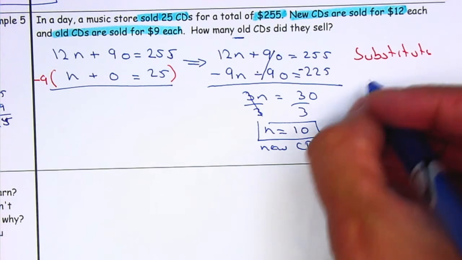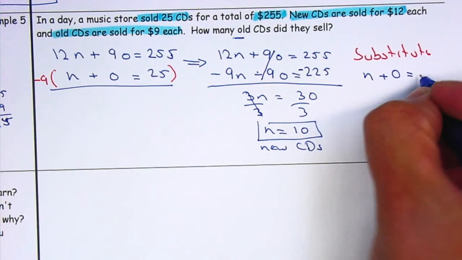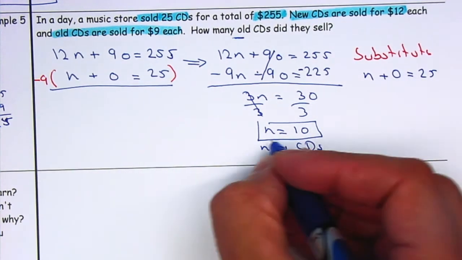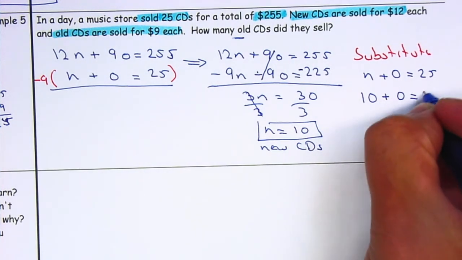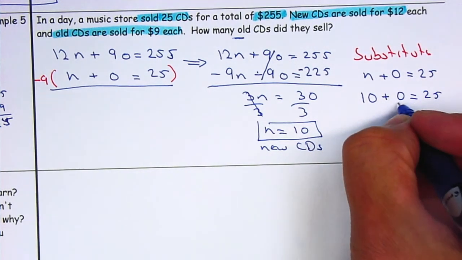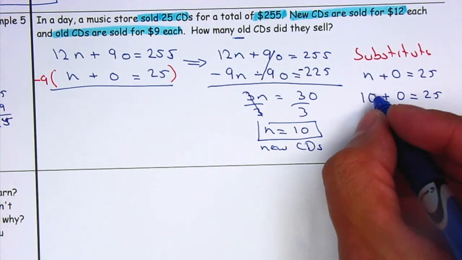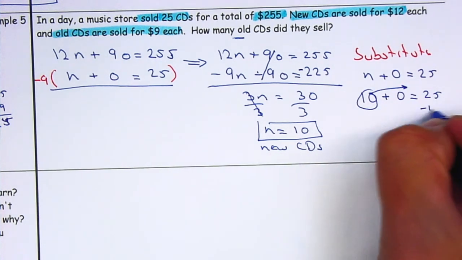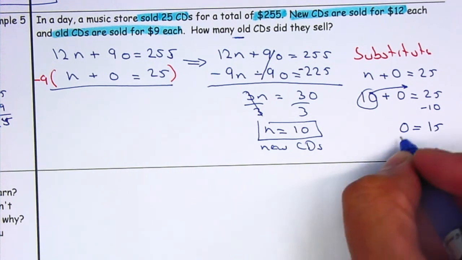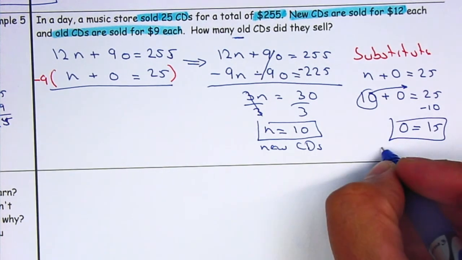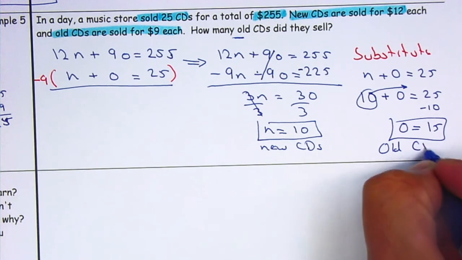We have n plus o is equal to 25, but instead of the n will be 10, so 10 plus o is equal to 25. Move this to the right, becomes a -10. So old is equal to 15. So 15 old CDs.